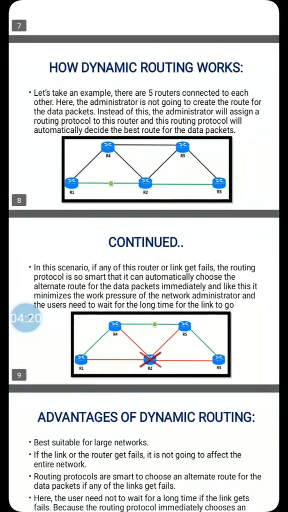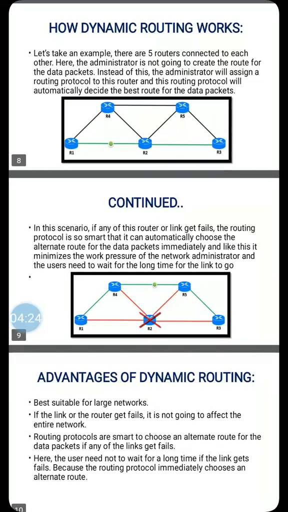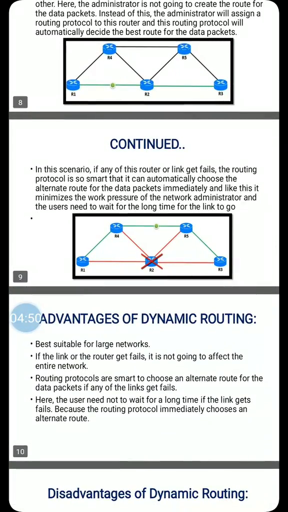In this scenario, if any of these routers or links fails, the routing protocol is so smart that it can automatically choose the alternate route for the data packets immediately, and like this it minimizes the work pressure of the network administrator, and the users do not need to wait for a long time for the link to come back.